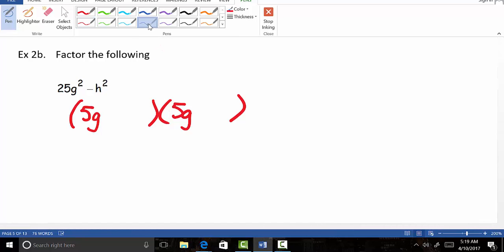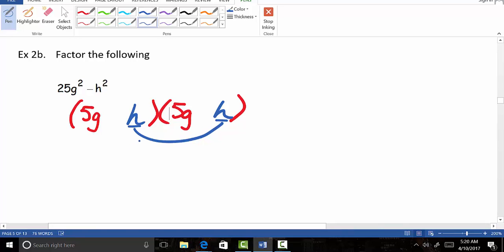Now when we look at our h squared, we know that the last two numbers, when they're multiplied together, have to give us an h squared. So we pretty much have to have h and h to get that h squared.